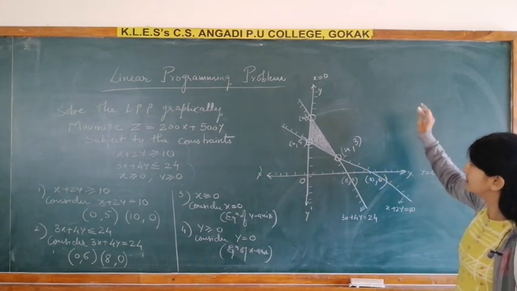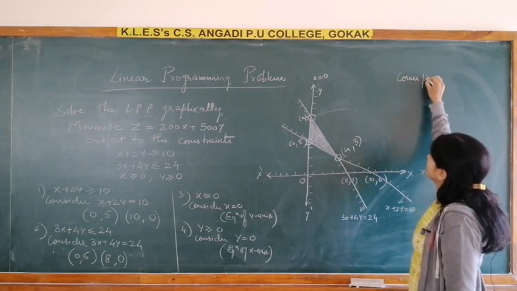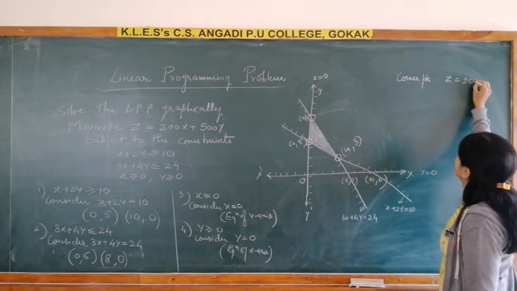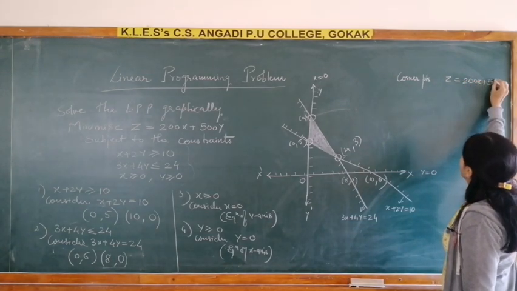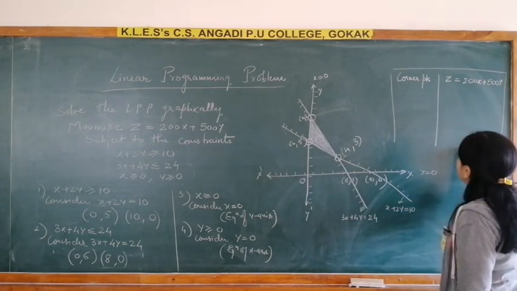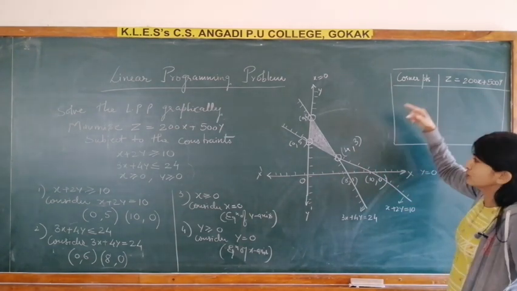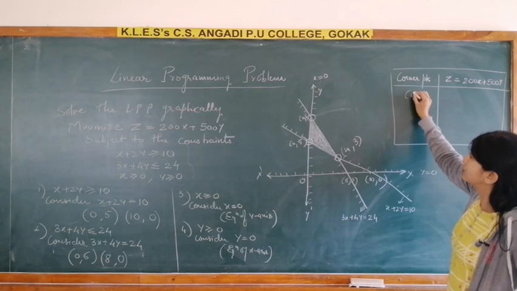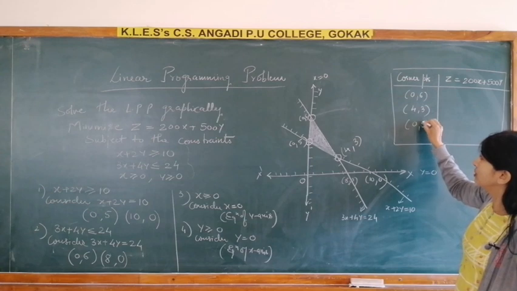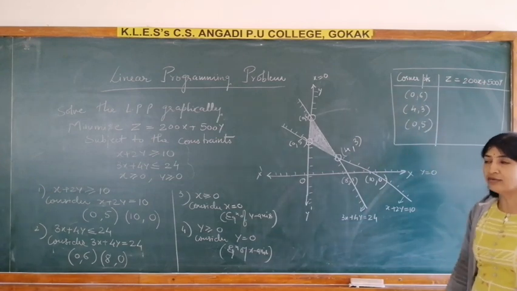Now after this we have to make a column for the corner point and z, which is the objective function, 200x plus 500y. We have to prepare a column. After this graph, write the corner points. So how many corner points are there? 3. The first one is 0 comma 6, the second is 4 comma 3, the third is 0 comma 5. Substitute these values of x and y here and get the value of z.